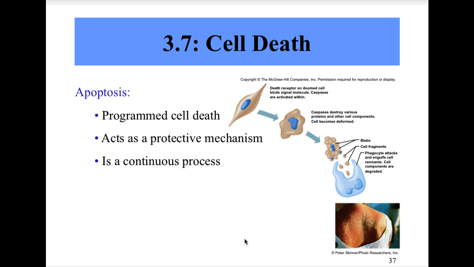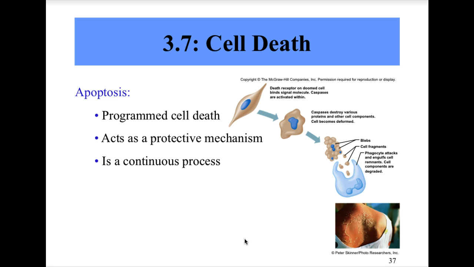It is a normal part of development. It sculpts organs from tissues that naturally overgrow, and it's important in fetal development as well. It is also protective, such as peeling of skin after a sunburn to prevent possible cancer. That is all part of apoptosis.